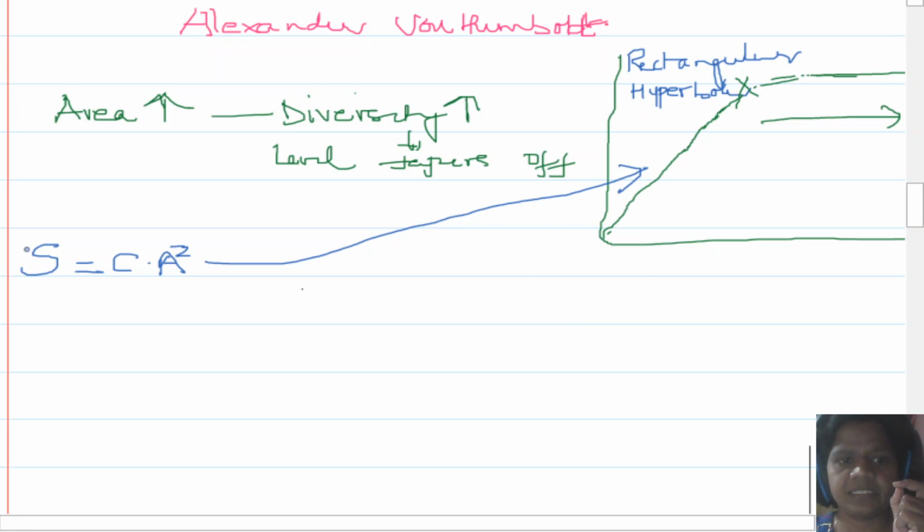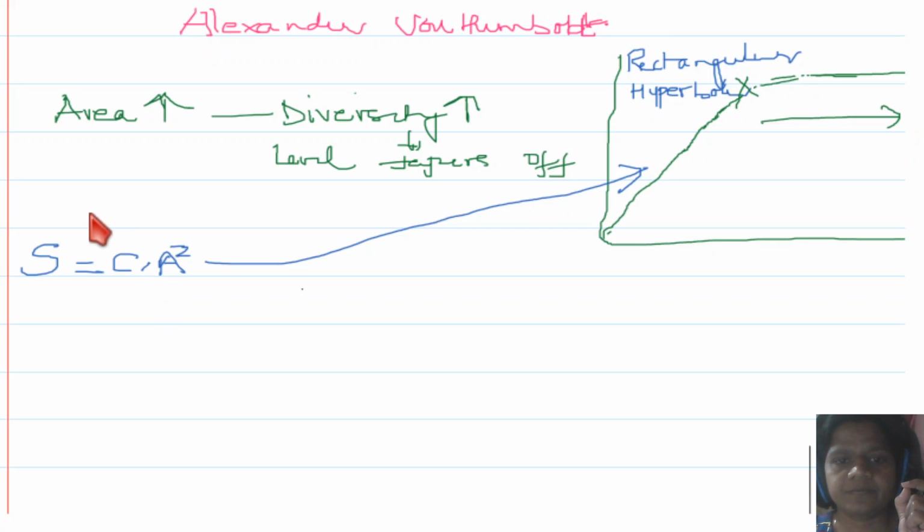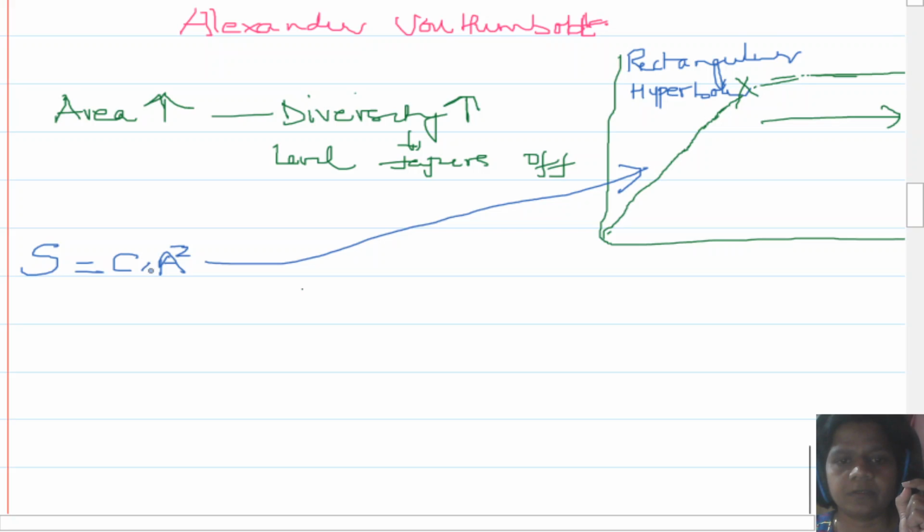Species richness denoted by S equals C, which is a constant, times area to the power of Z. Now because this is a rectangular hyperbola, all the points here are clumped up and we can't actually learn anything.